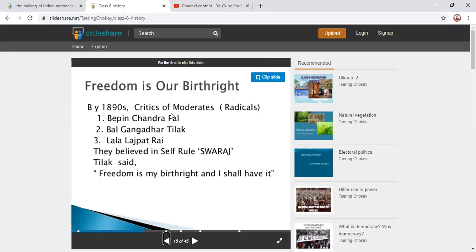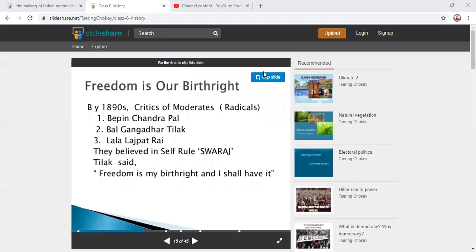Aurobindo Ghosh wanted greater political concessions in legislative elections, and felt that Indians had to achieve these aims by themselves.